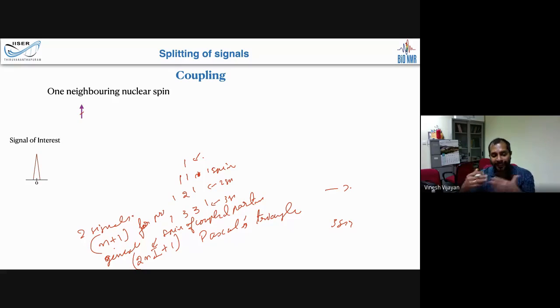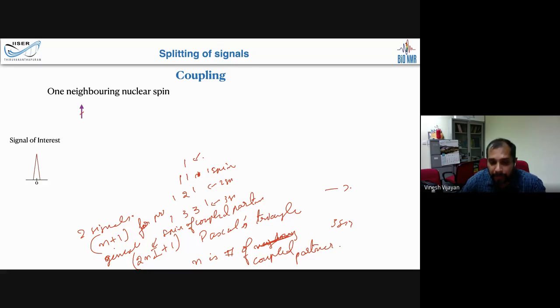That means n is the number of coupled partners. So here you have a single coupled partner, so n+1 is 2.